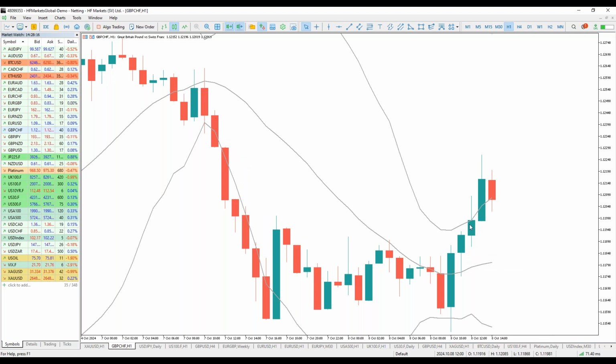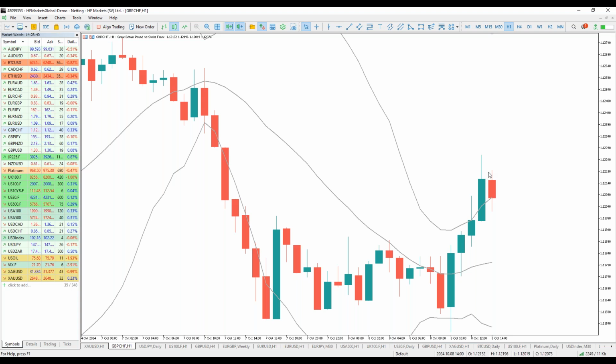You see, it's pointing higher, right? The asset is actually outside the Bollinger Band line, but the Bollinger Band line expands higher. So that suggests the possible continuation of this four-session move higher.